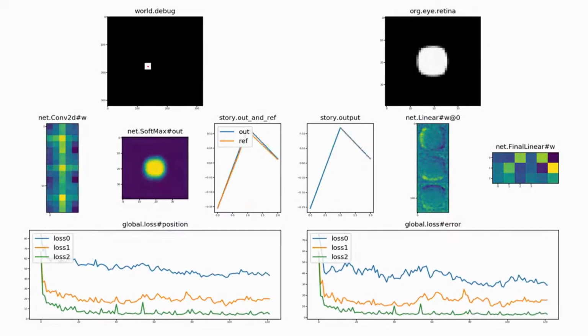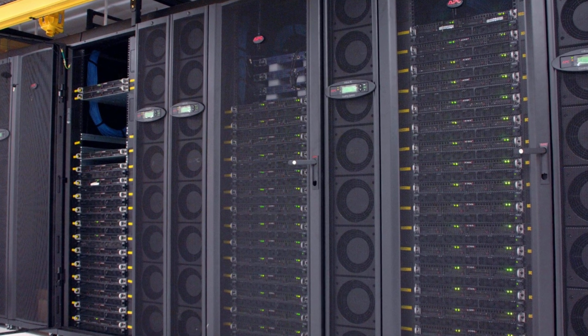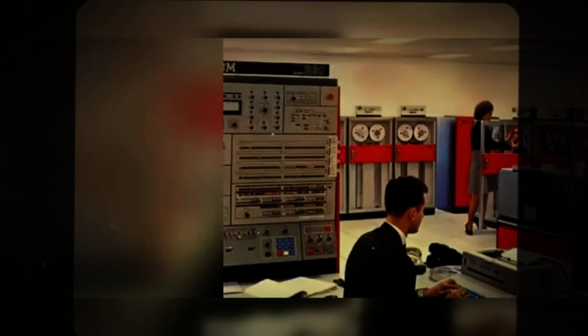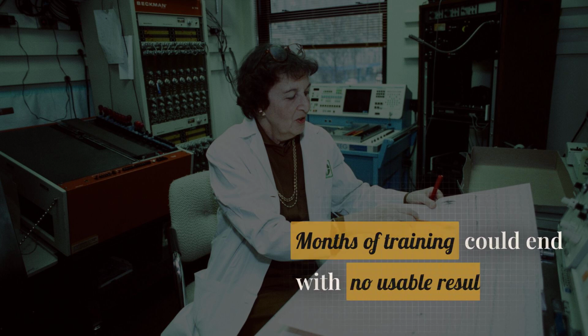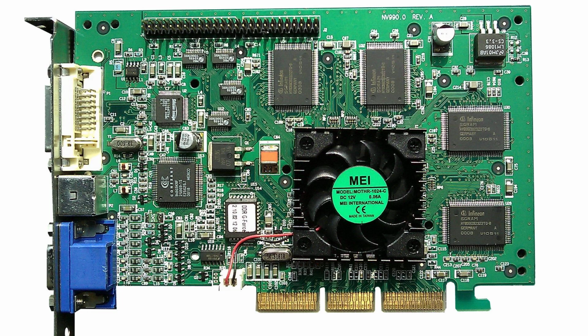The third was arithmetic. Training means adjusting every number a little, checking the error, and doing it again, millions of times over. On the machines of the 1980s, a serious training run would have taken months and might have produced nothing usable at the end. What broke that open was an accident of hardware.